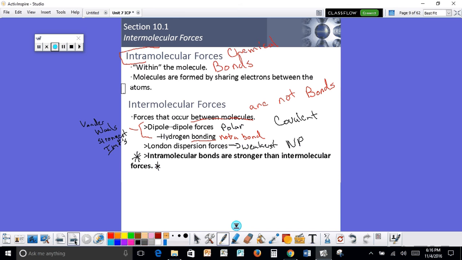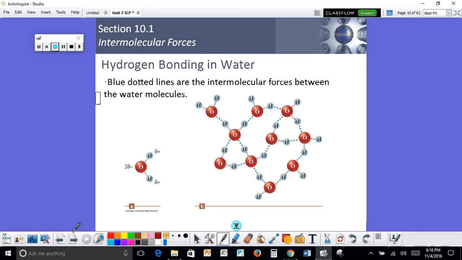Let's just go ahead and move through the slides. So this next slide that we're looking at is a water molecule or several water molecules.